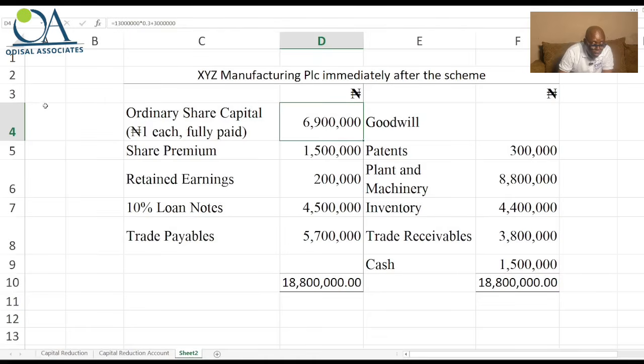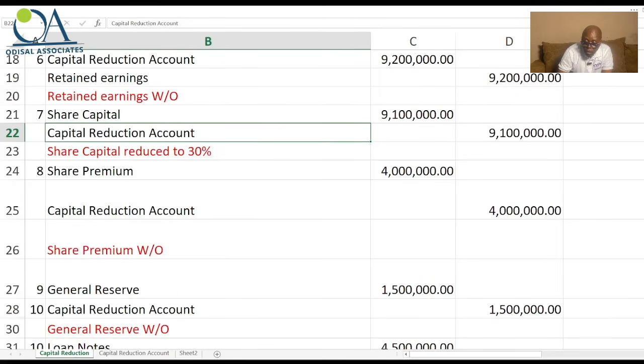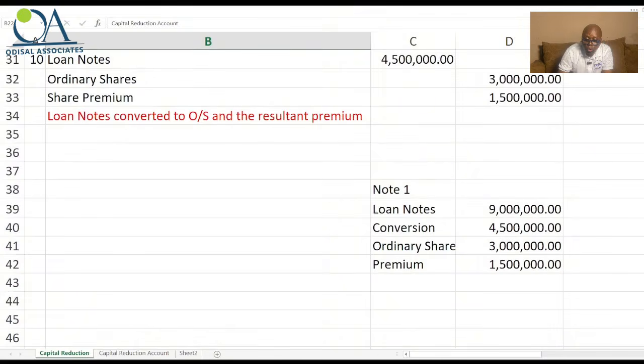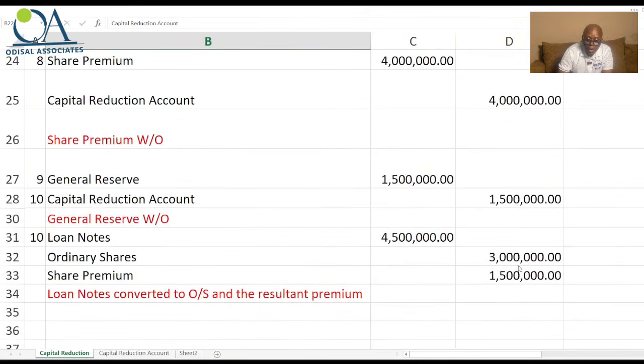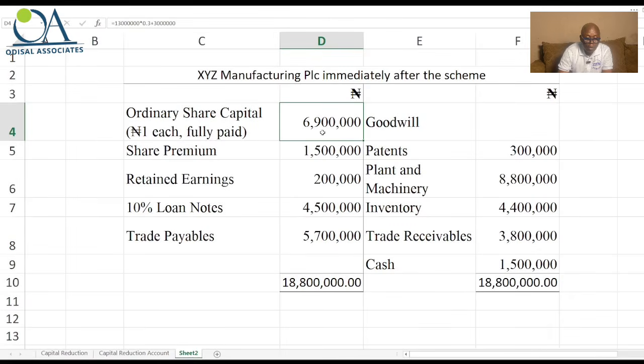Now, we converted the loan notes, half of it, to ordinary shares, and we come here, it is 3 million naira. So we're going to add it to the 3.9 million to have the total ordinary shares balance. So that is why we have 6.9 million.